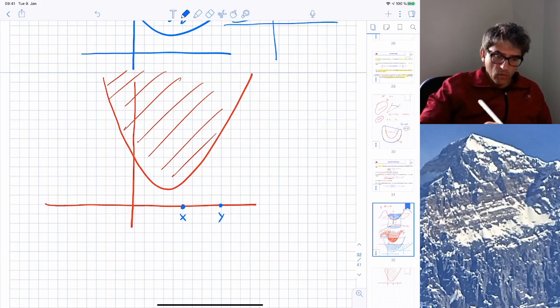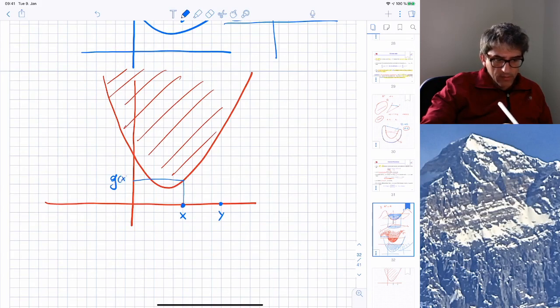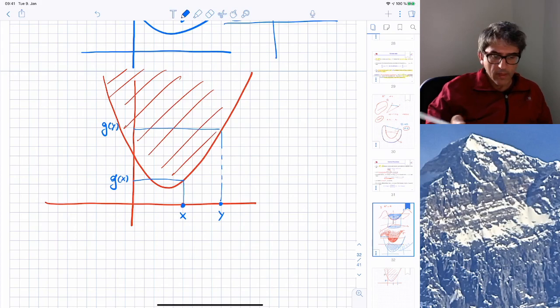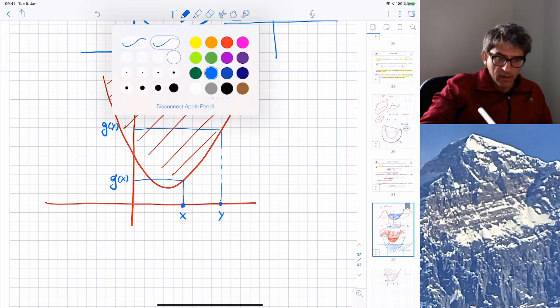And the corresponding g of x and g of y. And now consider a point in the convex combination.